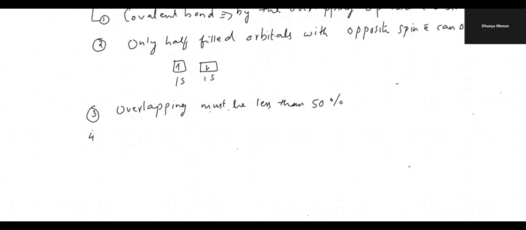Now, there is the extent of overlapping. If the extent of overlapping is more, then what about the strength of the bond? The strength of the bond is more. So the more the extent of overlapping, the stronger the bond.